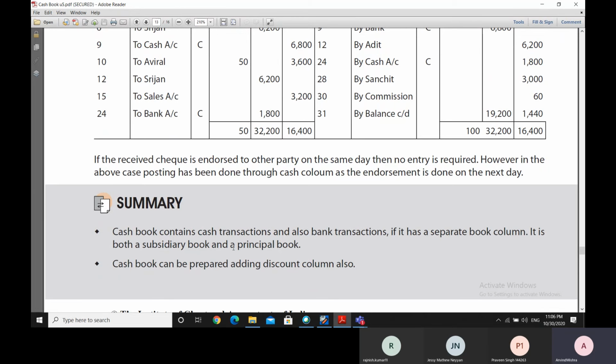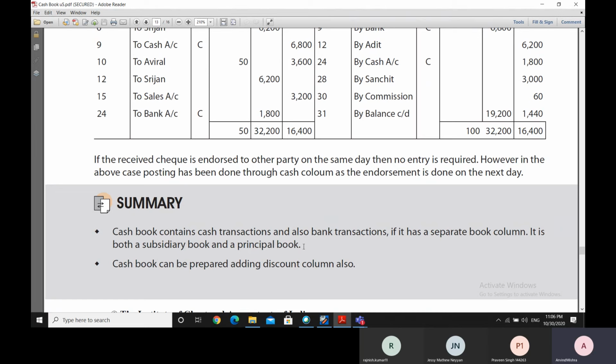So in summary, we can say that the cash book contains the cash transactions and also the bank transactions. And if it has a separate bank column, it is both a subsidiary book and a principal book, as we have studied earlier.